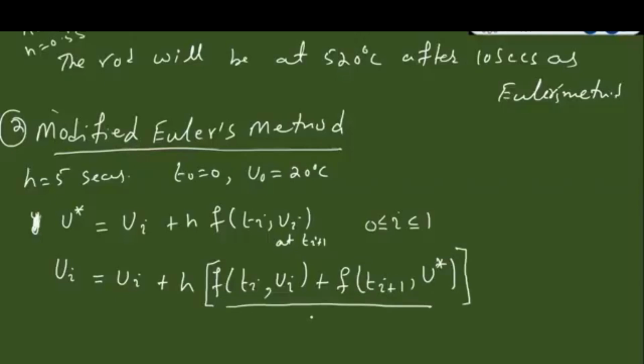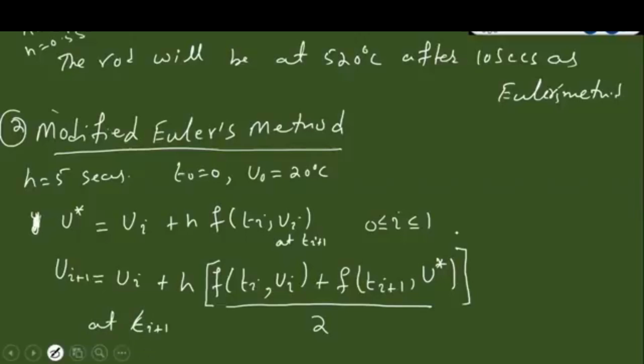This is the average of the two slopes, and whatever solution you get is u_{i+1}, at time t_{i+1}. This is the final time that you want to work with.